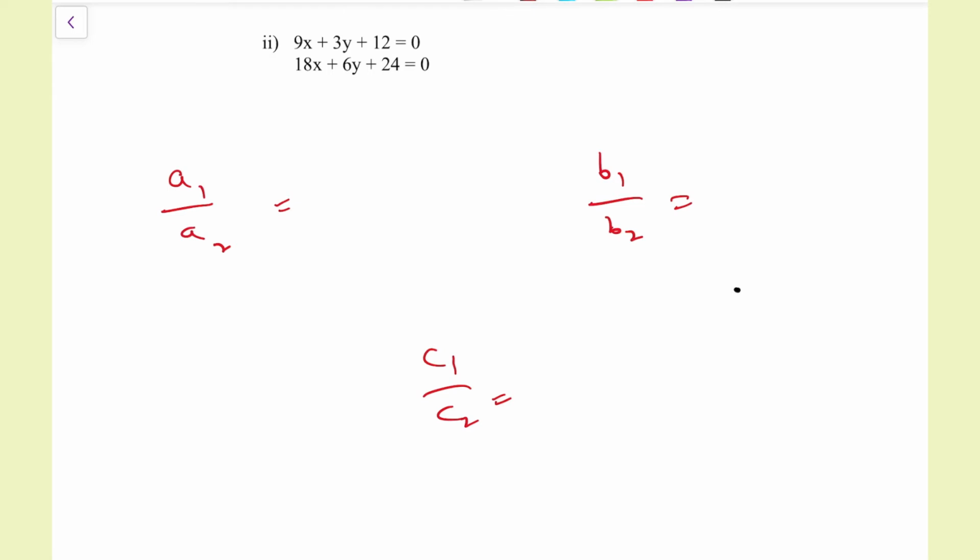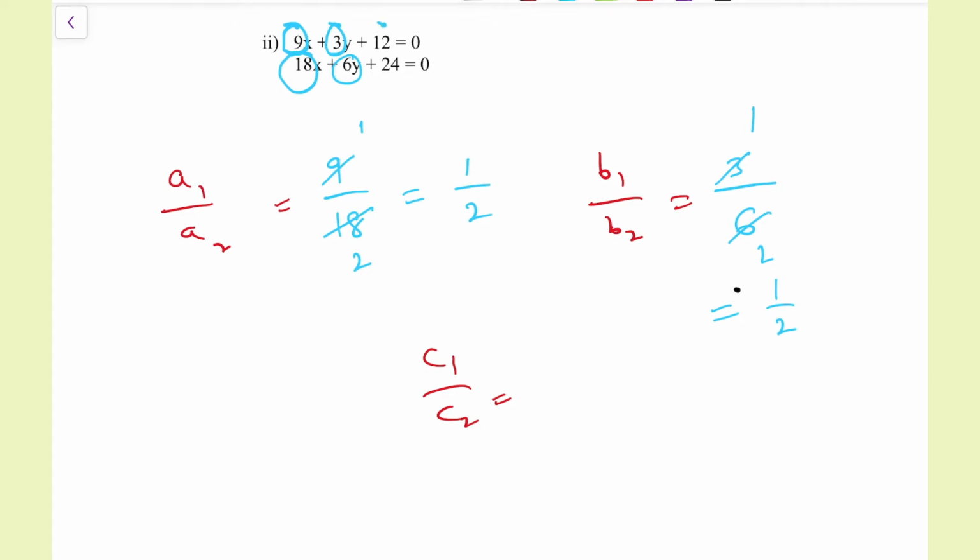A1, the x coefficient of the first equation, 9, divided by A2, the x coefficient of the second equation, 18. We can simplify this, so A1 by A2 is 1 by 2. Coming to B1 by B2, the y coefficient of the first equation 3 divided by the y coefficient of the second equation 6, so B1 by B2 is 1 by 2.